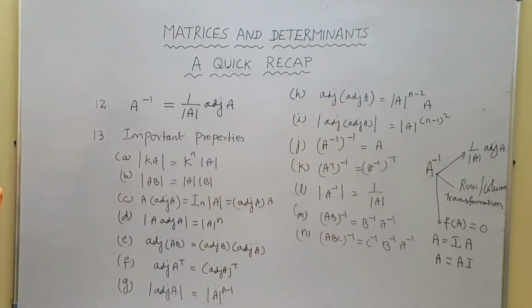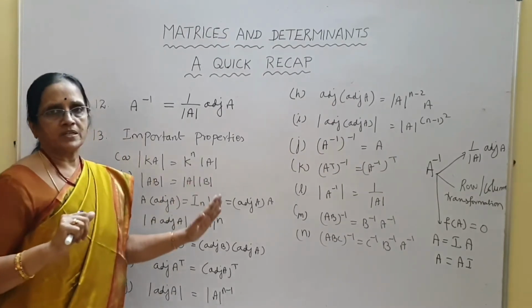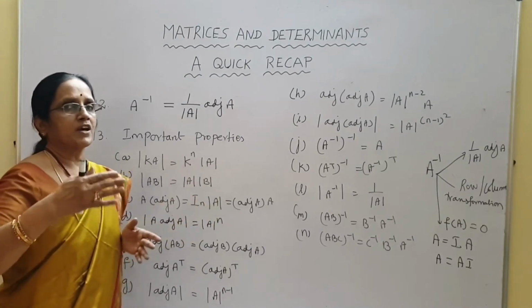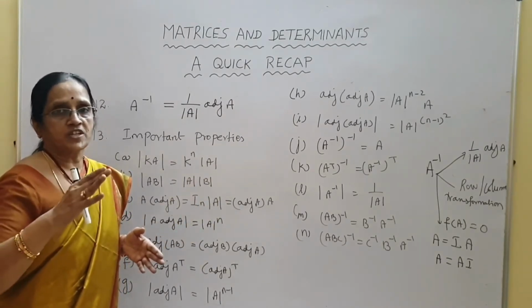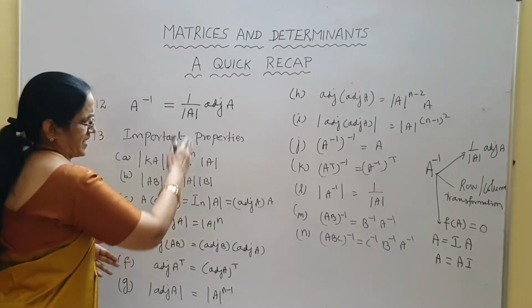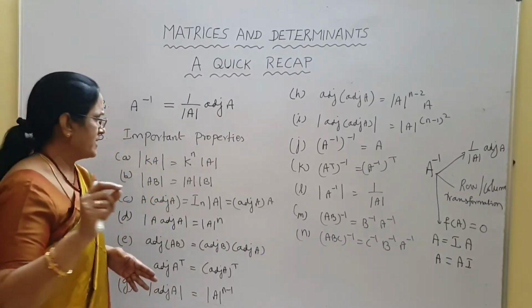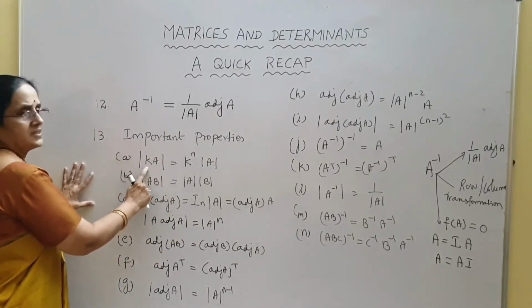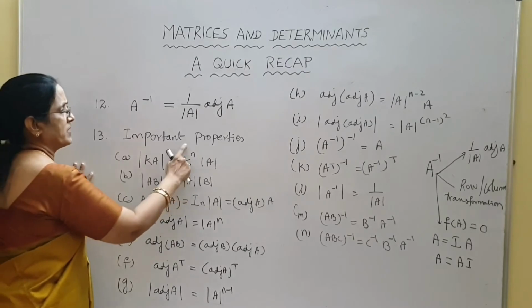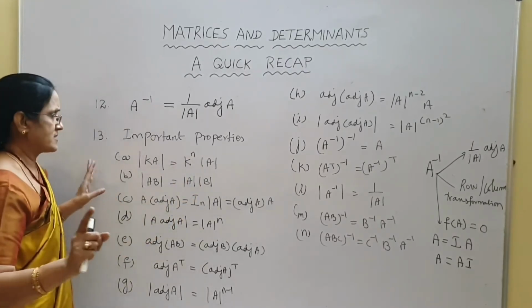I will write down certain important properties because the number of 1 mark questions is more. You can expect questions based on any of these concepts. It's very important. Please make a note of it. Determinant of KA is nothing but K power n into determinant of A, where n is the order of the matrix.